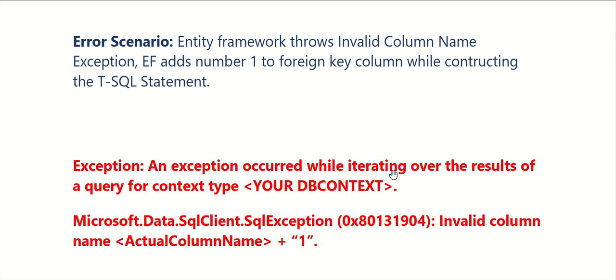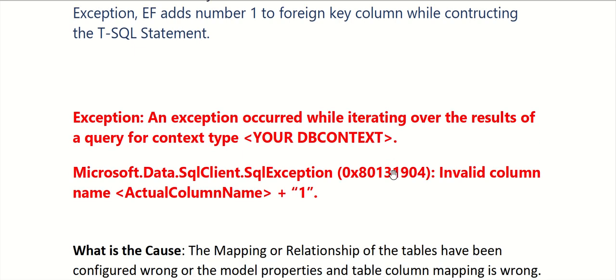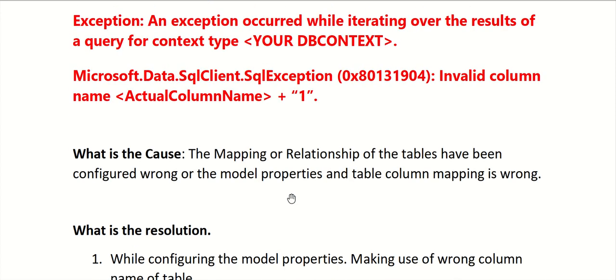You will end up getting an exception: an exception occurred while iterating over the results of a query for context type, your database context class basically. So what is the exception? It's a SQL exception saying invalid column name, with the actual column name plus 1 added, as I said, for example DepartmentID1.